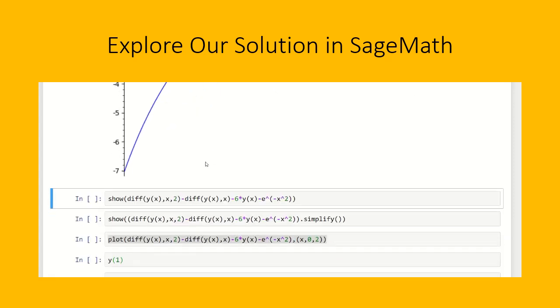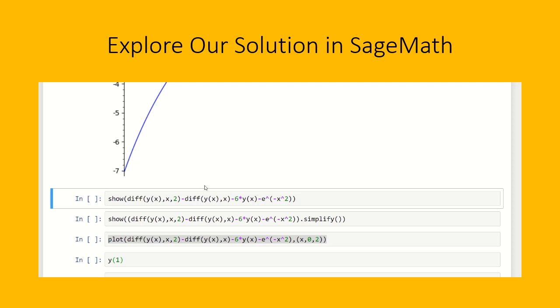So let's see how well this function y of x does in satisfying the differential equation. Let's show the following: the second derivative of y with respect to x minus the first derivative of y with respect to x minus 6 times y of x minus e to the minus x squared.